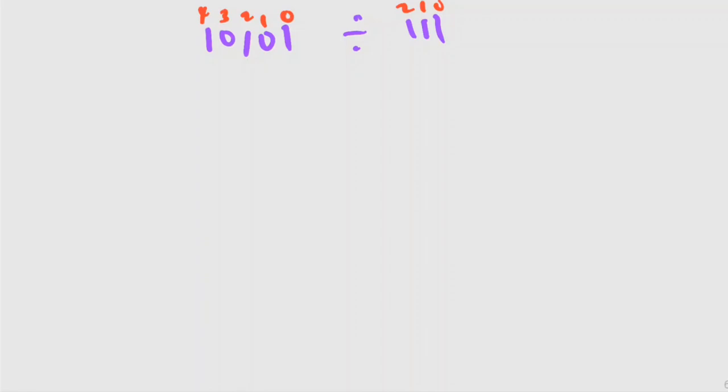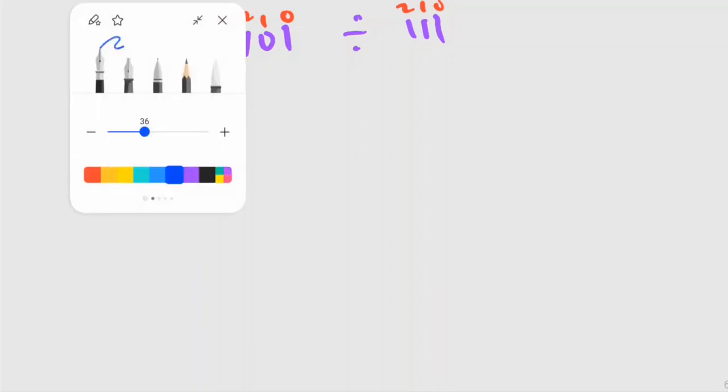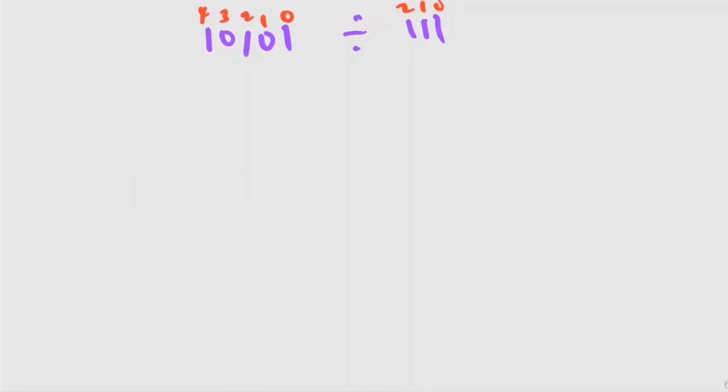This is what I'm trying to say. If you want to proceed from this junction, take the digits one by one and multiply by 2 raised to the power. This is base 2. I have 1 multiplied by 2 raised to power 4 plus 0. But you don't need to take the 0, and you will see the reason: 0 times 2 raised to power 3.